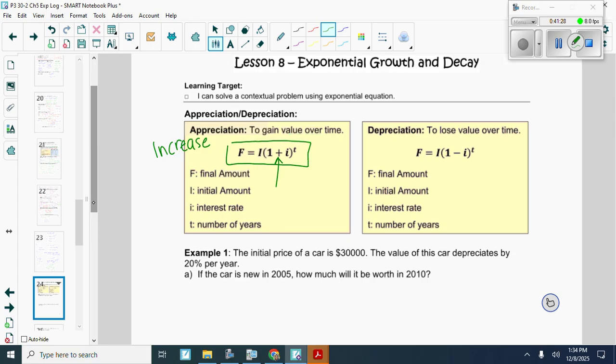When things grow, we're going to be adding to them. Depreciation is when things lose value. For example, you buy a car. As soon as you drive your car off the parking lot, it depreciates in value. It goes down. It decreases.